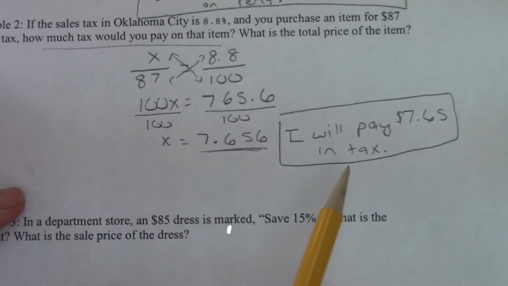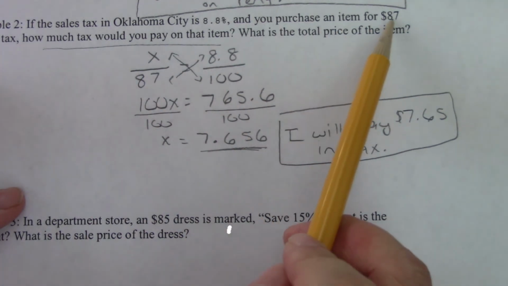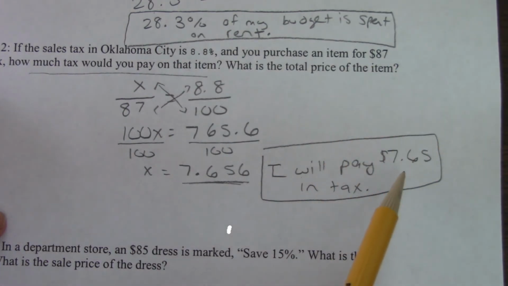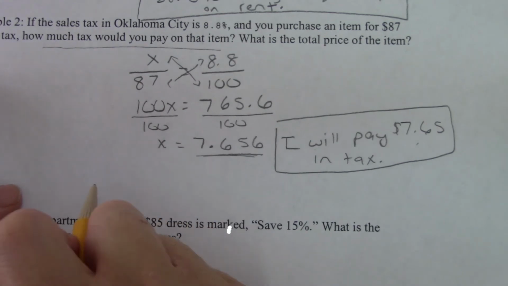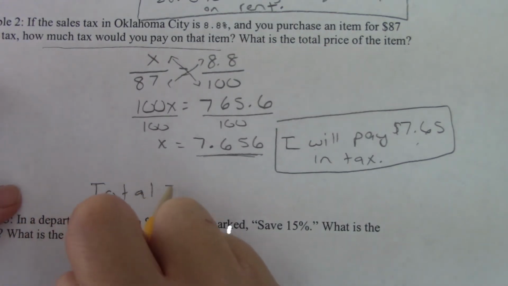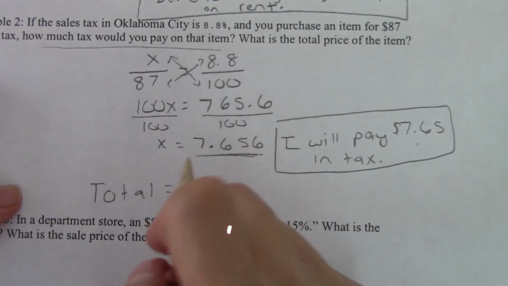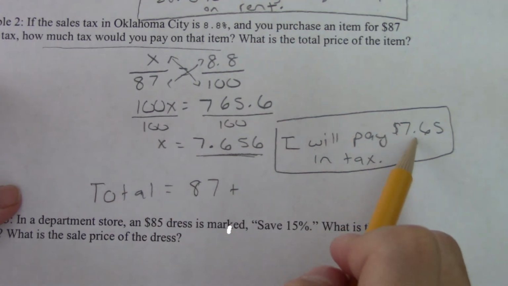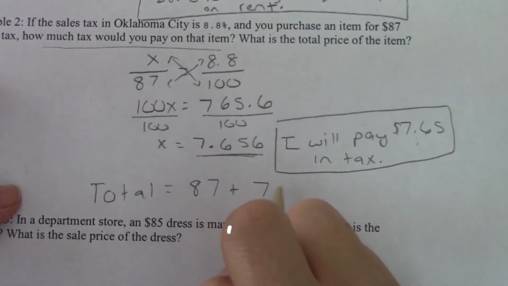Now I have to find my total price. To find my total price, I just add the selling price to the tax price. So my total is just going to be my original item price, which is 87, plus the tax price, which is $7.65.